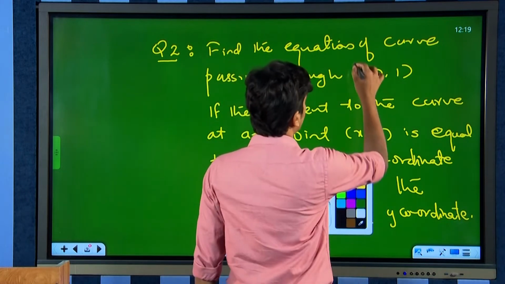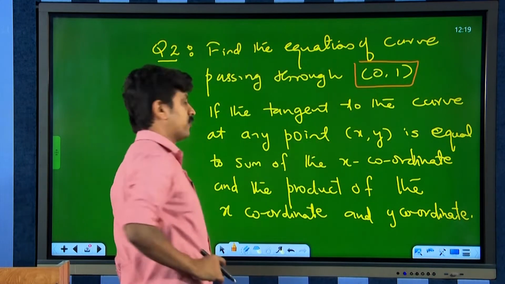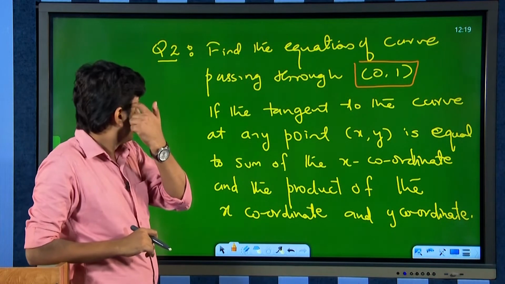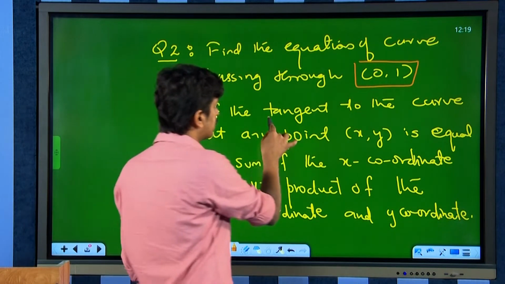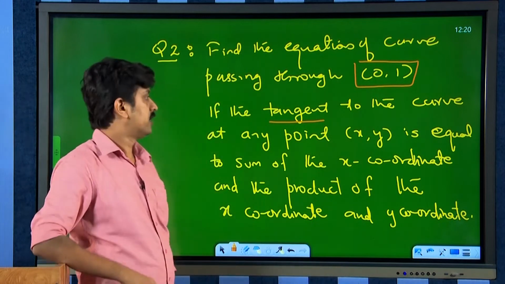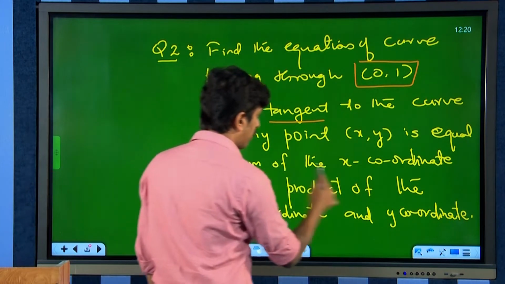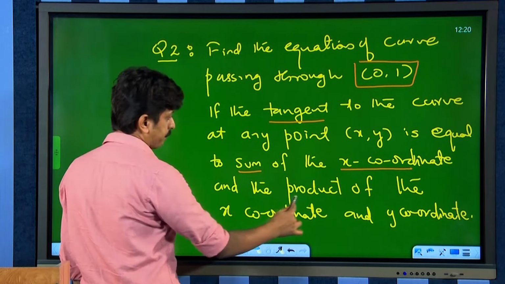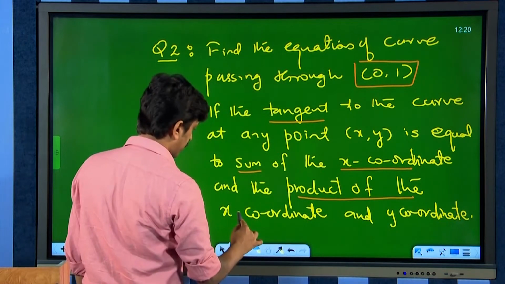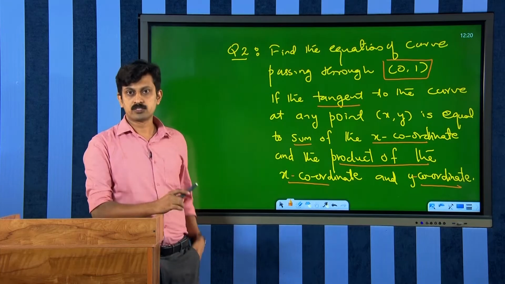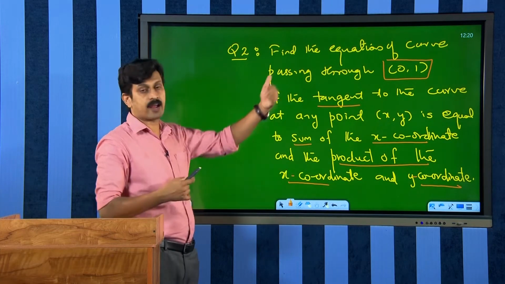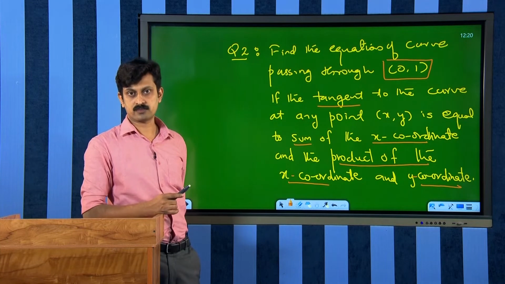The tangent to the curve at any point is the sum of the x coordinate and the product of the x coordinate and y coordinate. So, we have to find the equation of the curve.